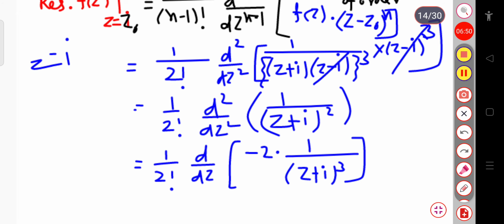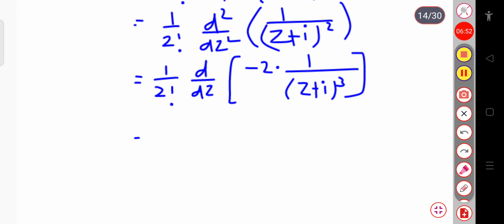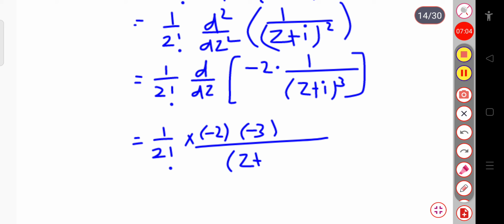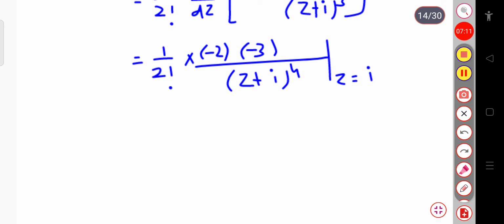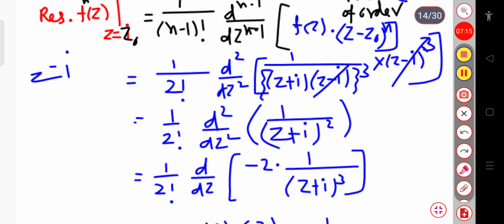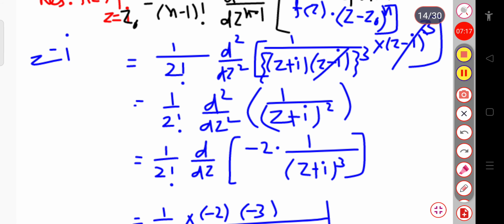And again, this is equal to 1/2! into, this −2 taken common, so −2 into d/dz of 1/(z + i)³ will be equal to −3 into 1/(z + i)⁴. Sorry, just a minute, this is your (z + i)³.